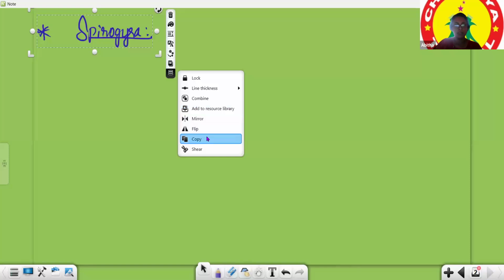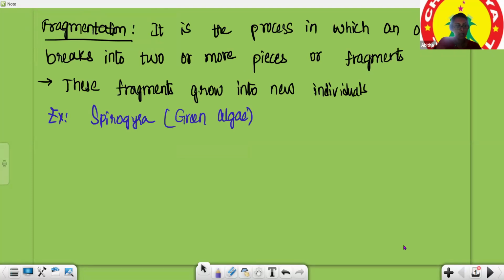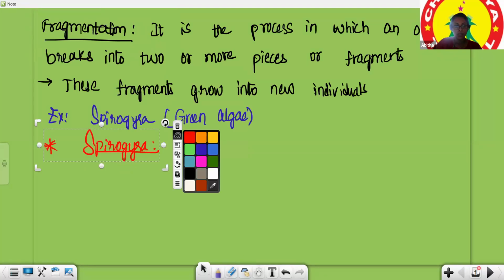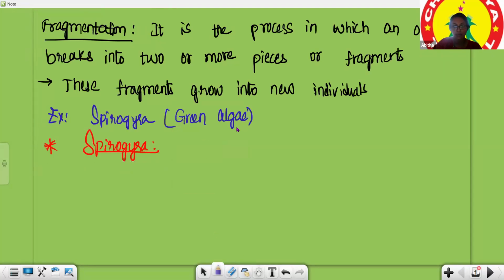Let's learn about Spirogyra in detail, how it looks like, what is the structure of Spirogyra. As I told you, it is a green algae. Where is it found? Found in freshwater ponds. How does it look?